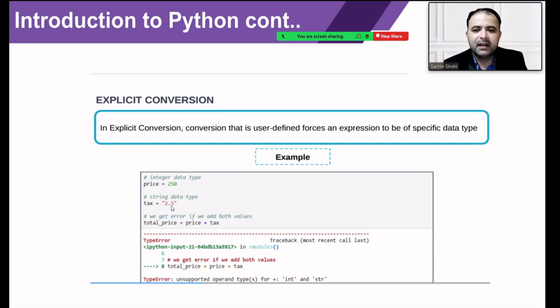The reason is that I have supplied it in double inverted commas. I'm just trying to concatenate the price and the tax, so it is not possible. The reason is that one is a numeric value and the other is a string value. So the problem is that.